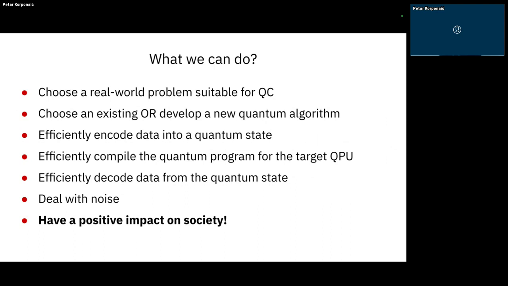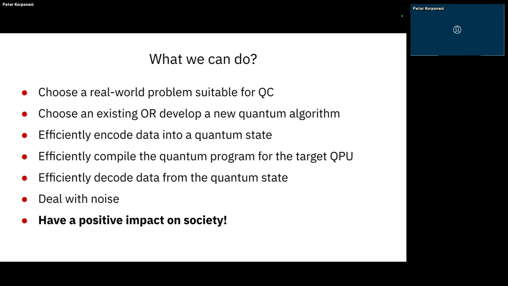Because there are some reports, like the Google supremacy experiment, where Google scientists in 2019, I think, or 20, I'm not sure, made an experiment which they claim would take 10,000 years for the fastest classical supercomputer, and which they made in 300 seconds, in 5 minutes.